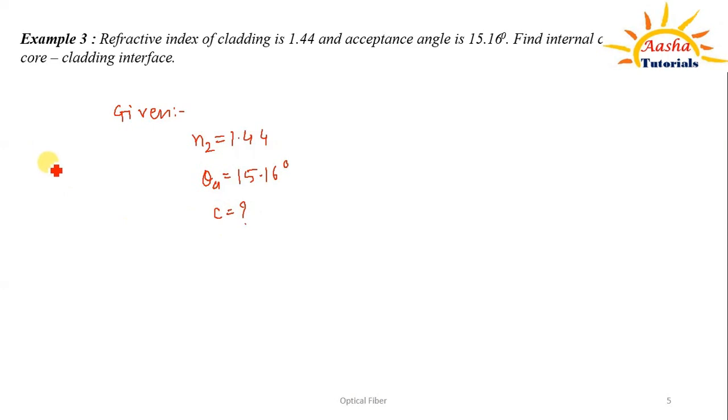Remember the theory related to optical fiber. Suppose this is the core and this is the cladding which surrounds the core. The ray which enters the core at a particular maximum angle, let's say the acceptance angle, and refracts here, should make the critical angle at the core-cladding interface, where core has refractive index n1 and cladding has refractive index n2.